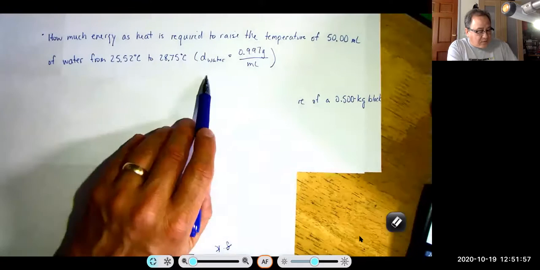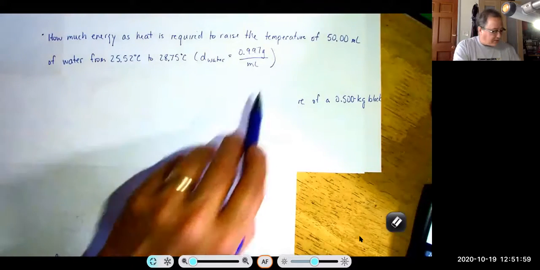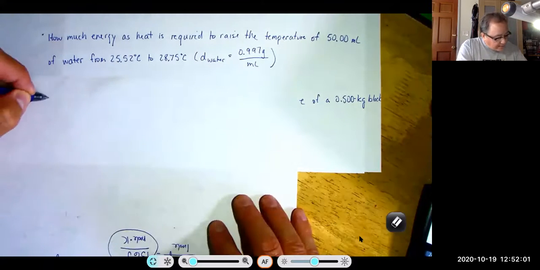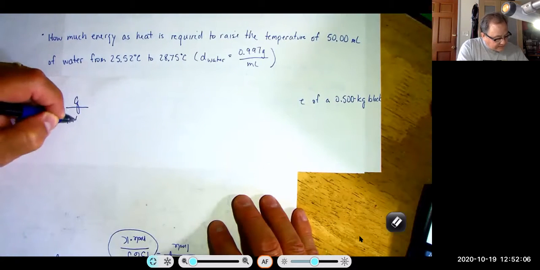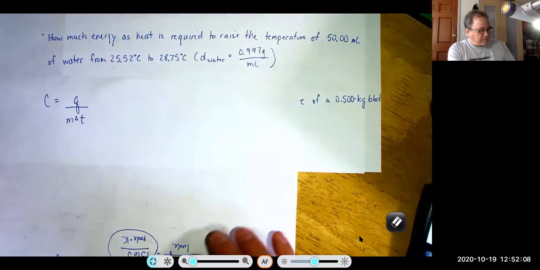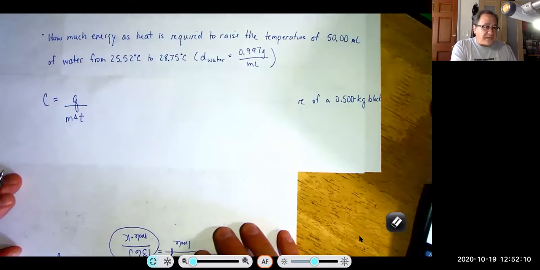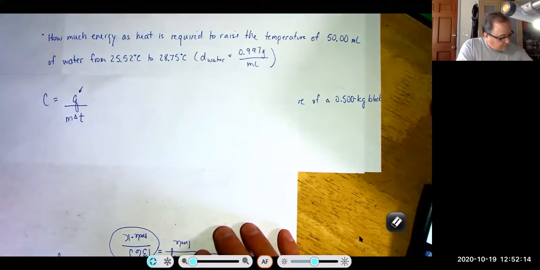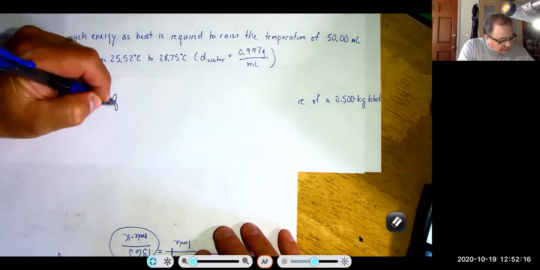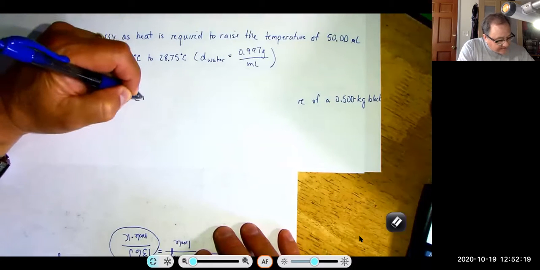And they have the density of water is 0.997 grams per milliliter. So that formula I gave you before can be used here, Q over M delta T. When they ask us for how much energy, that means Q. We want Q. So here I'm going to rearrange this to Q is equal to C M delta T.